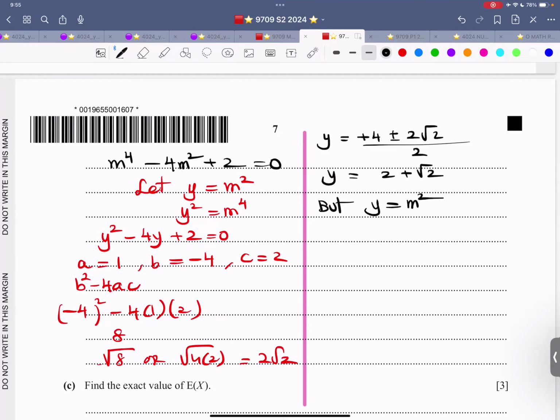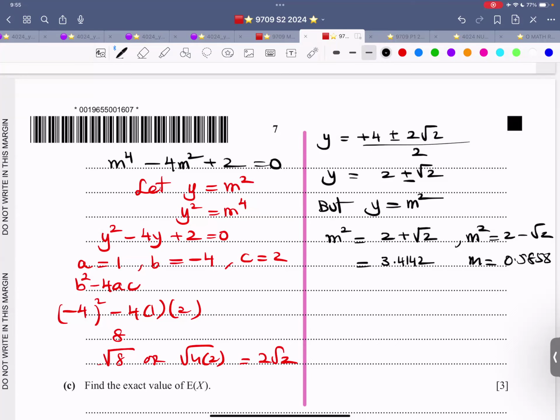So therefore, m squared equals 2 plus root 2, and m squared equals 2 minus root 2. This is 3.4142, and this is 2 minus 1.4142.